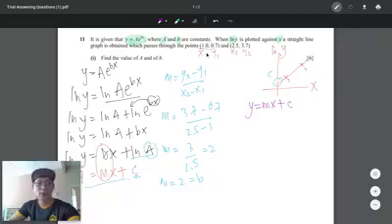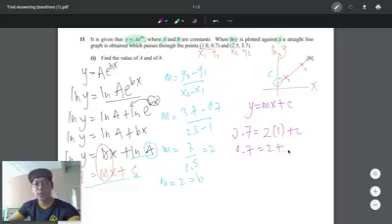So let's take point 1, which has a coordinate of x1 equal to 1 and y1 equal to 0.7. Substitute this value into our straight line equation, and using m equals 2, we can solve our c. So 0.7 equals 2 times 1 plus c. So 0.7 equals 2 plus c, and c equals 0.7 minus 2, negative 1.3.